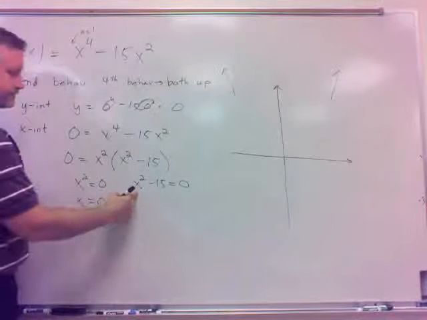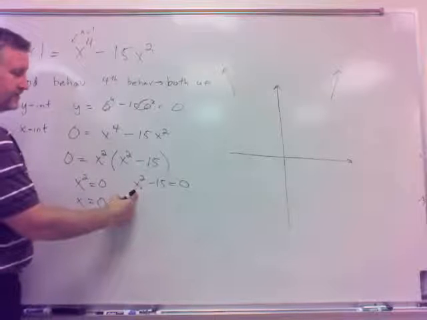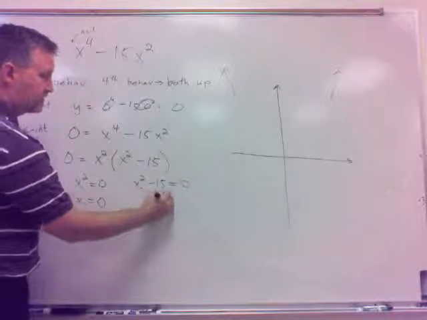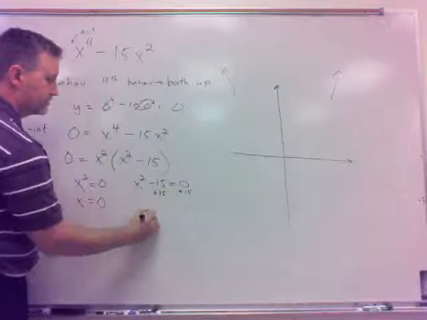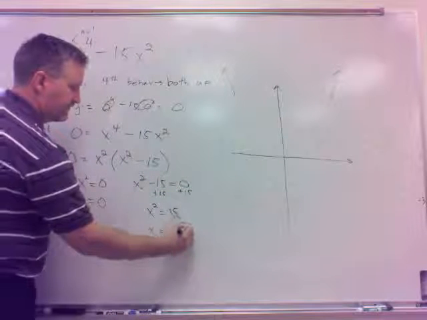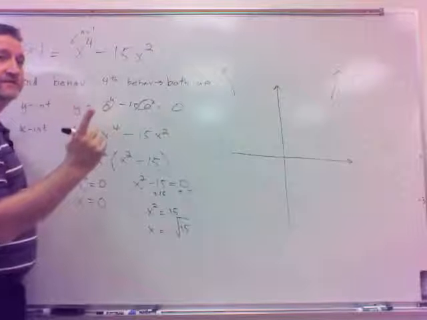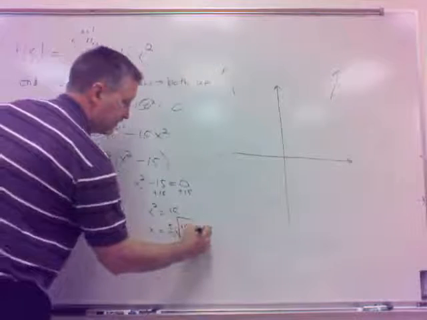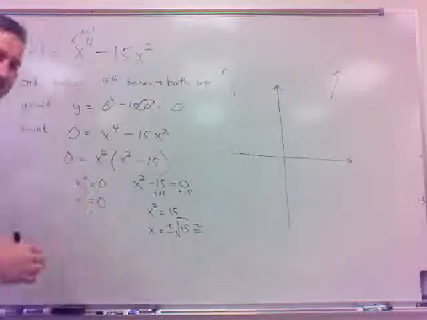Here, what do I do with that one? Square root method. Add the 15 to both sides, then square root both sides. And x would be the square root of 15. However, the catch is it could be plus or minus the square root of 15, which is approximately equal to 3.9.